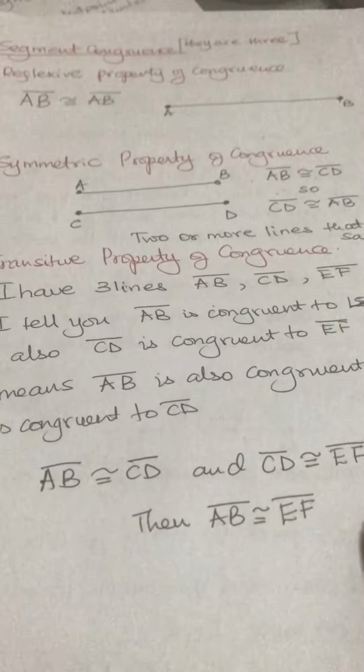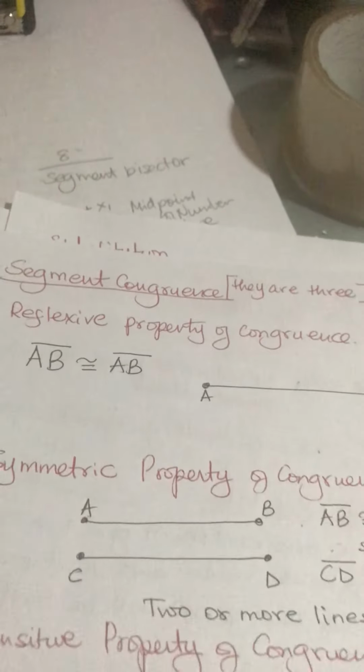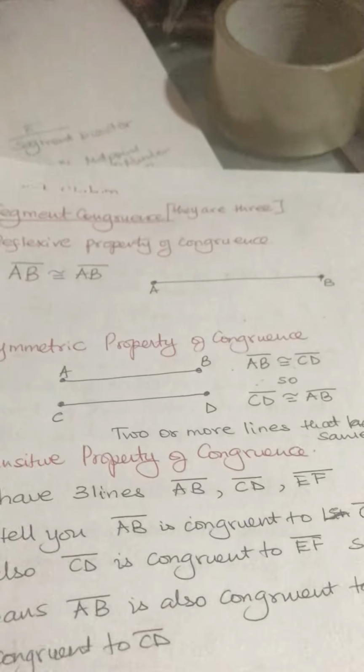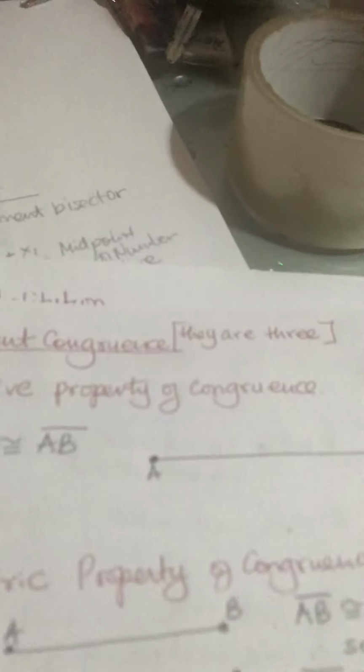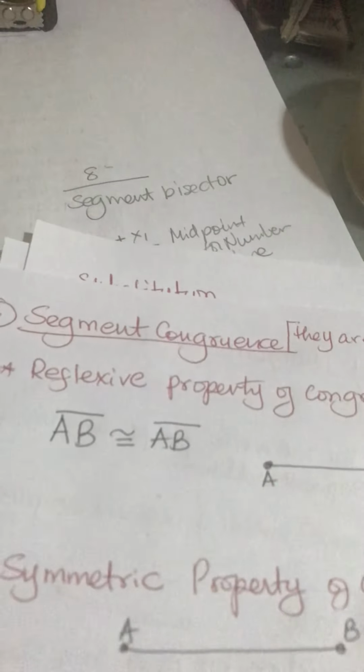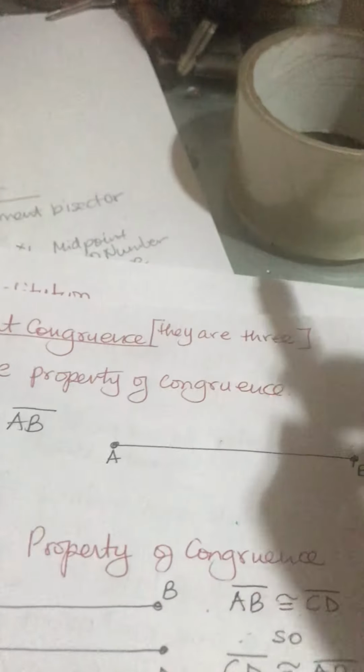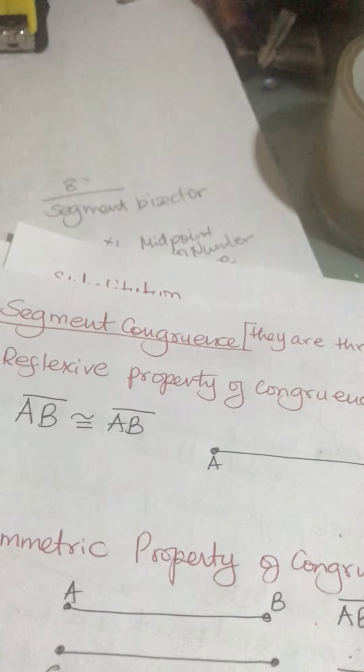Okay? Now we do the third one. Segment congruence. Segment congruence is when you have, there are three types of them.